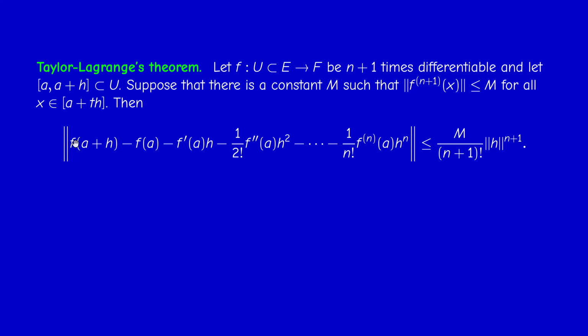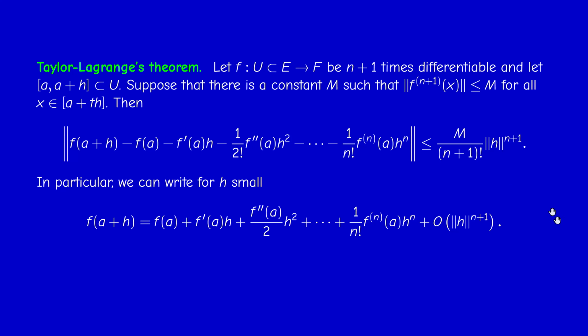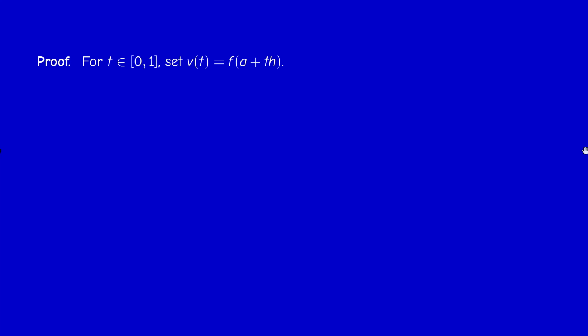Okay, so then the difference between f of a plus h and its nth order Taylor polynomial is estimated by this, and so for h small, the remainder is a small o of norm of h to the n. Okay, so now this is a consequence of the preliminary results.